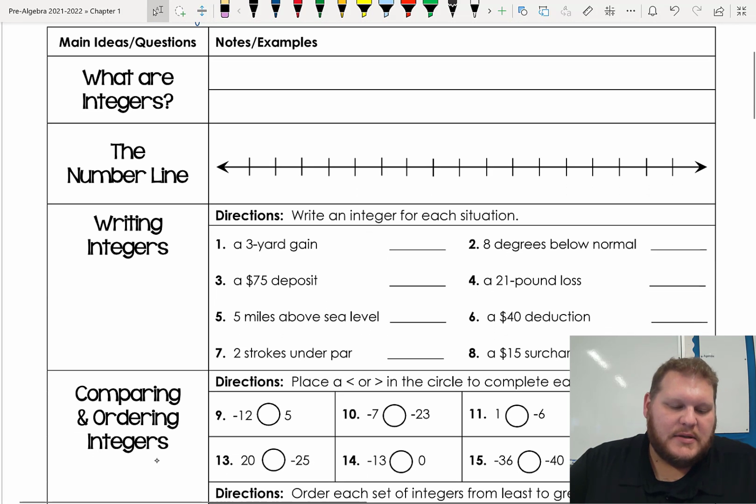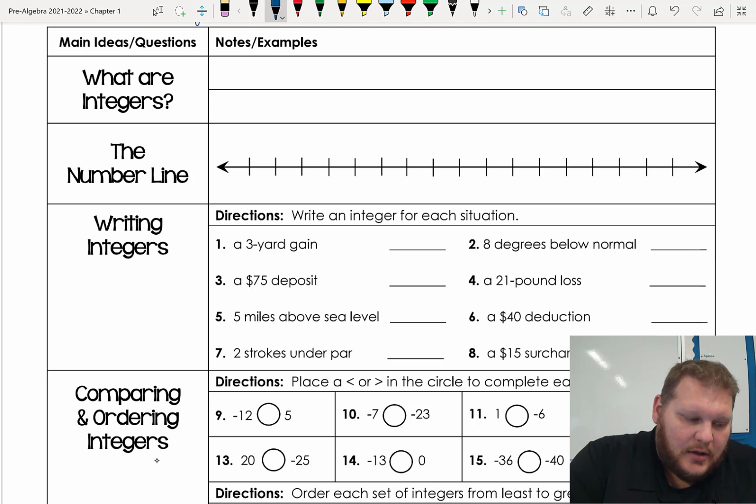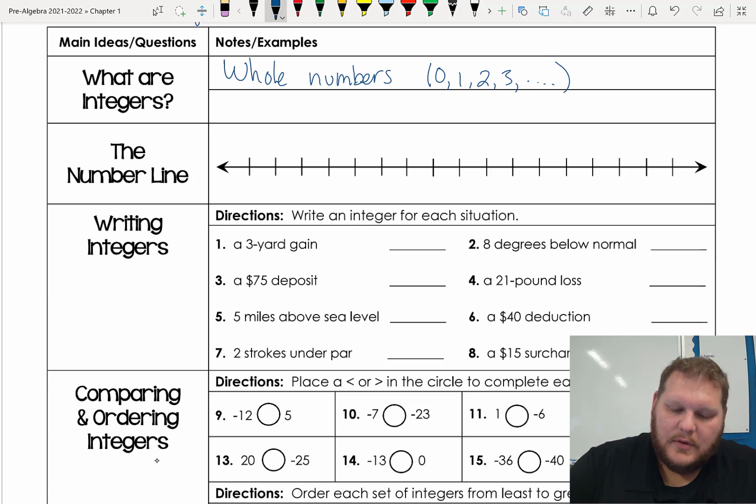So, talking about integers. What are integers? Well, integers are whole numbers, which the whole numbers are 0, 1, 2, 3, so on and so forth.